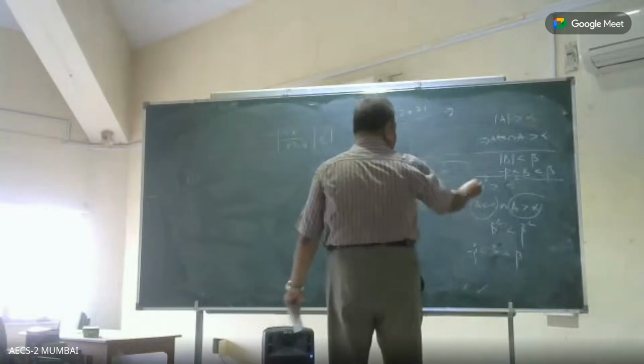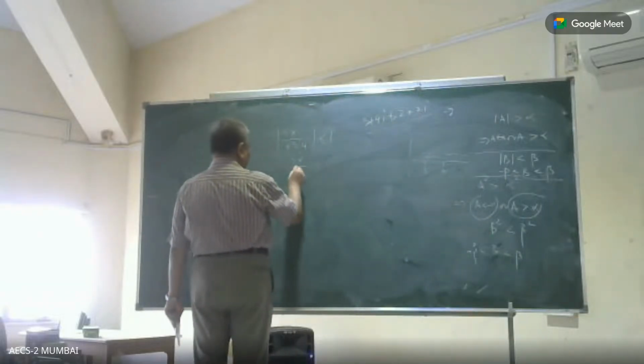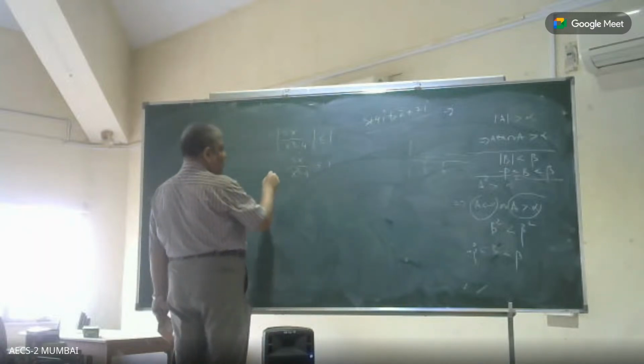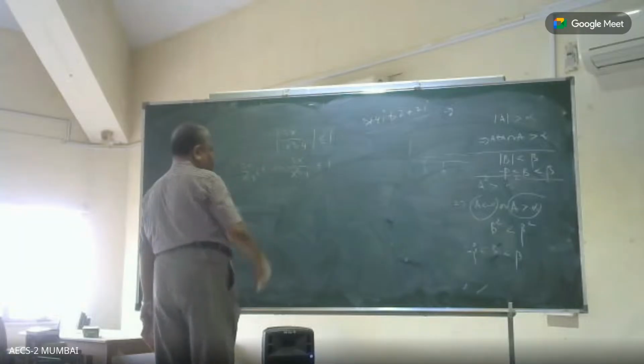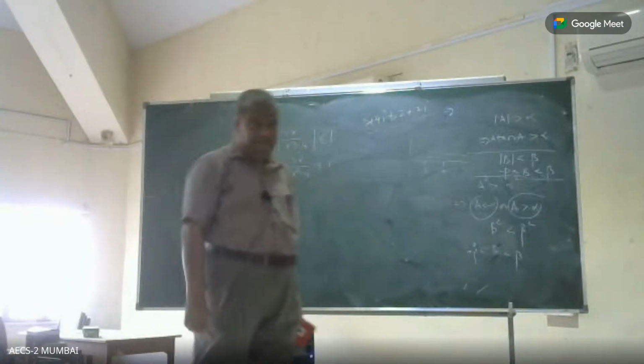So according to this, it means 3x upon x square minus 4 is less than or equal to 1, and 3x upon x square minus 4 is greater than or equal to minus 1.